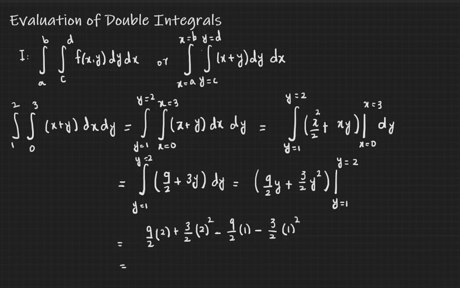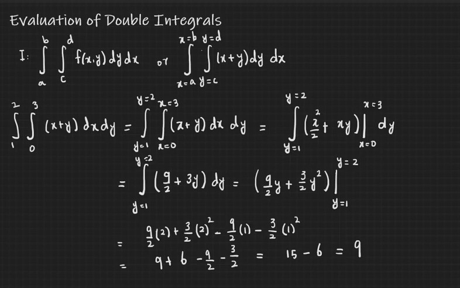Now simplifying this, we'll get 9, that would be 3 times 2, that would be 6. This should be minus 9 over 2, this should be minus 3 over 2. So simplifying this, this would be equal to 15 minus, 9 plus 3 becomes 12, so that becomes 6, and the result of this double integration is 9.